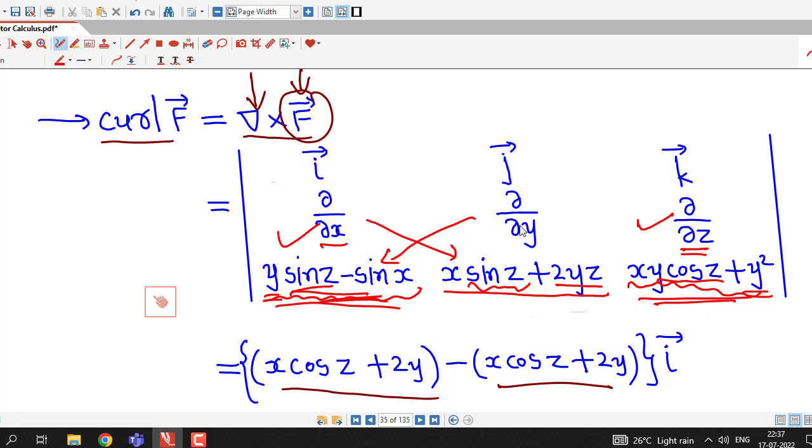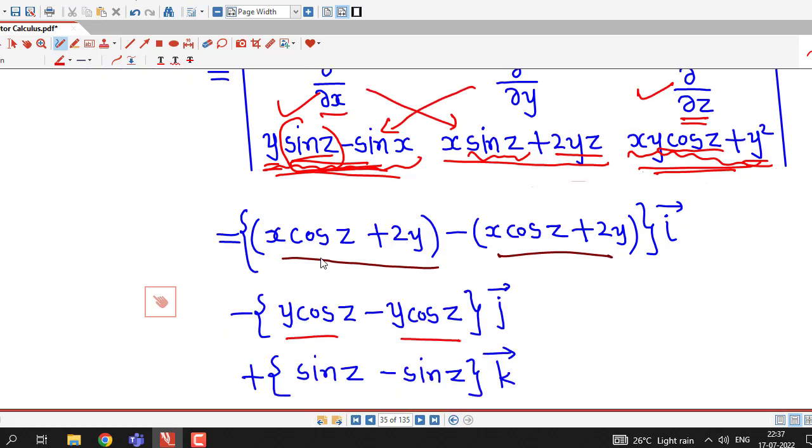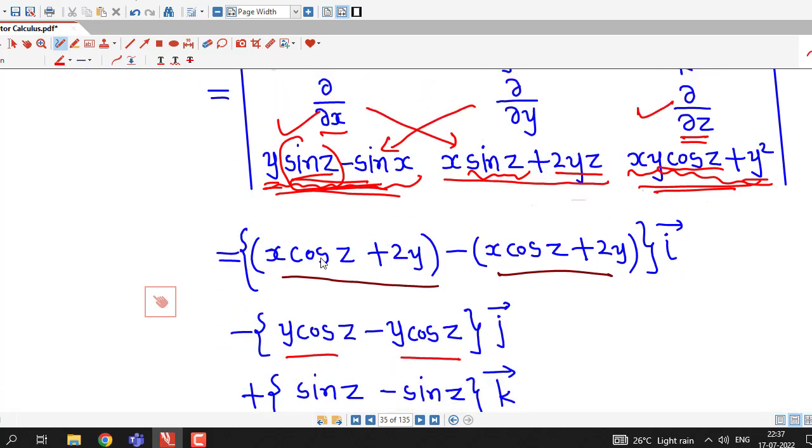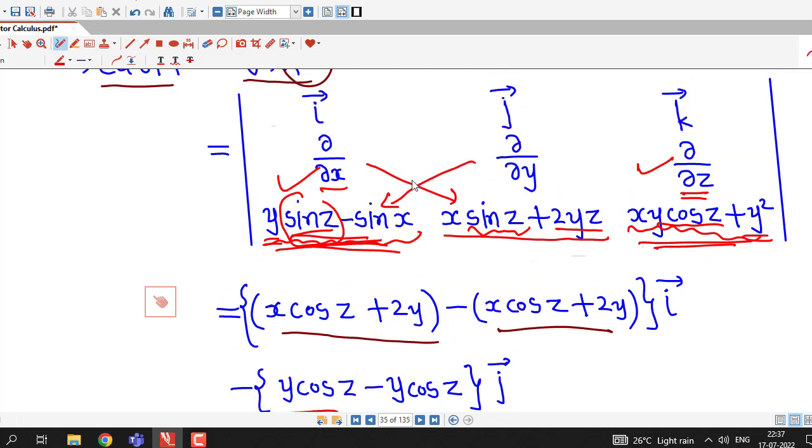We treat x and z as constants, so sin z is constant, the derivative of y is 1, minus 0. So here also we have sin z. That is written here: the partial derivative of this with respect to y is sin z, and the partial derivative of this with respect to x is also sin z.